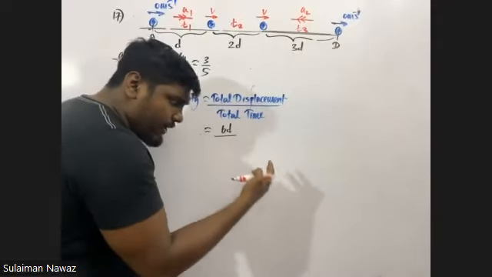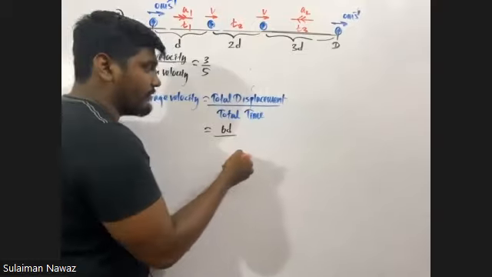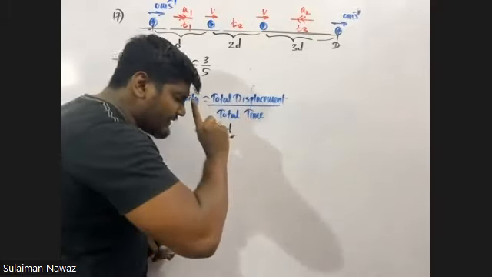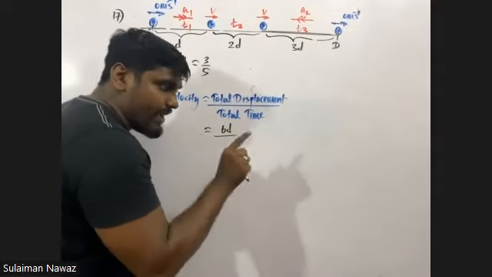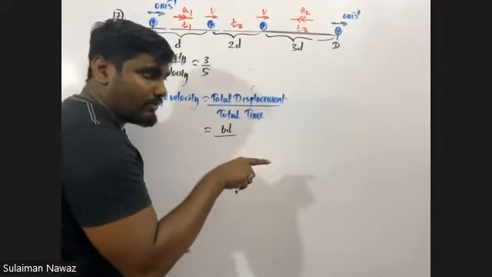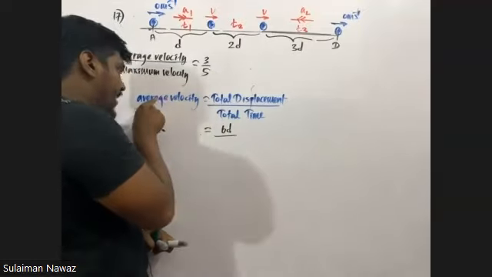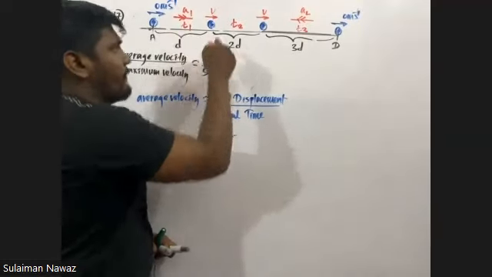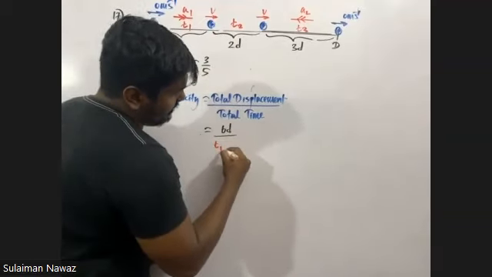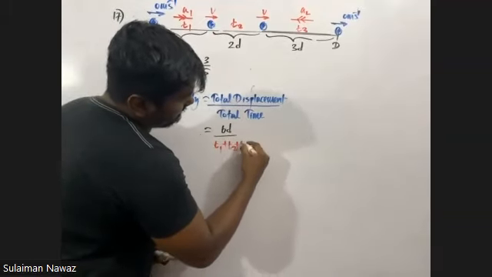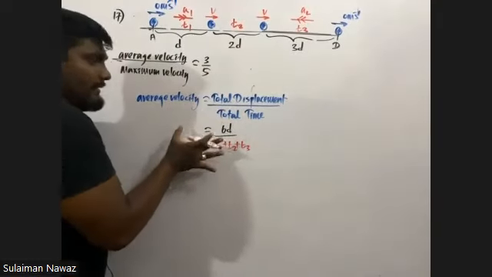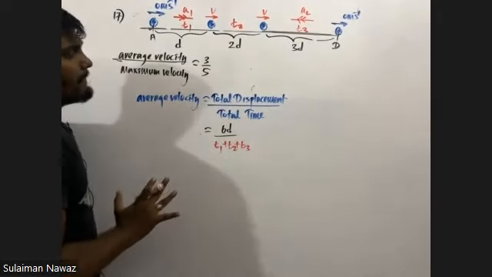But the final answer must never include variables defined by yourself. If I want to find average velocity, total displacement is 6D, total time is T1 plus T2 plus T3.